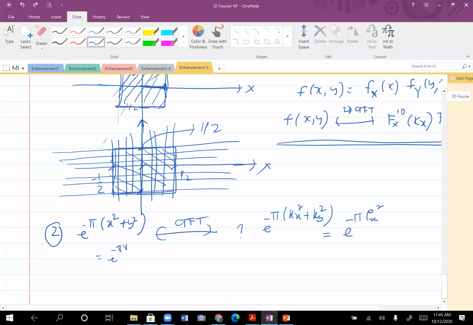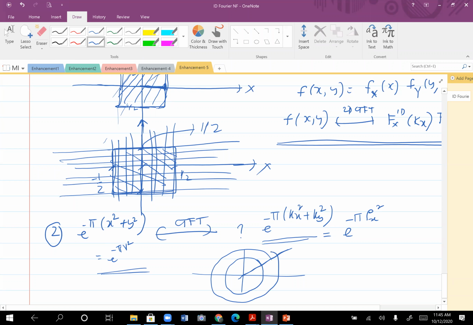So you could see here that this is a two-dimensional function when you look at it in terms of x and y, but the moment you see this function radially, the same function is repeating for every value of theta, is it not? Along all these points where kx square plus ky square is constant, you would be getting the same thing.